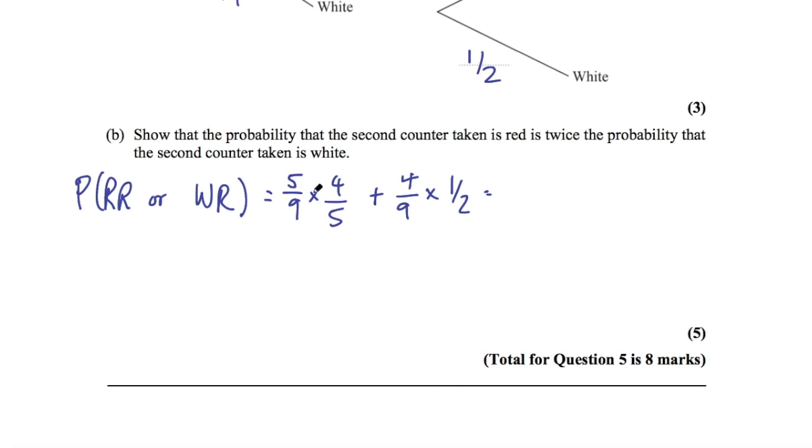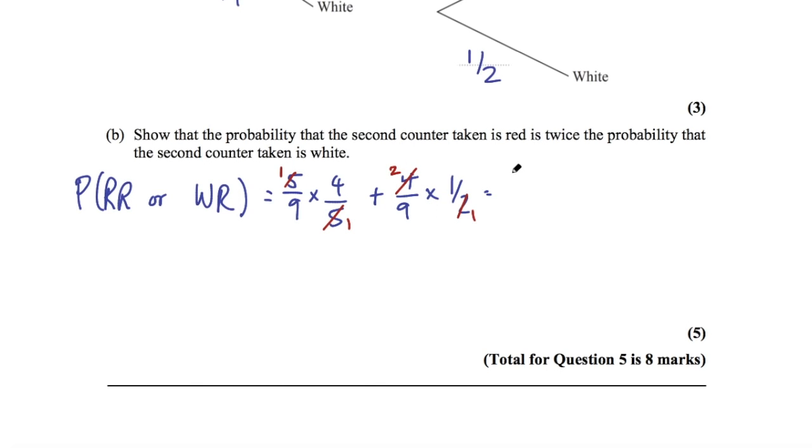So now we need to go ahead and solve this probability. When we multiply fractions, we can use cancelling. So here I have a 5 in the denominator and in the numerator, so I can cancel those, they become 1. So this just becomes 4 out of 9, and this, I have a 2 in the denominator and a 4 in the numerator, so that can cancel to 1, this can cancel to 2, so this becomes 2 out of 9.